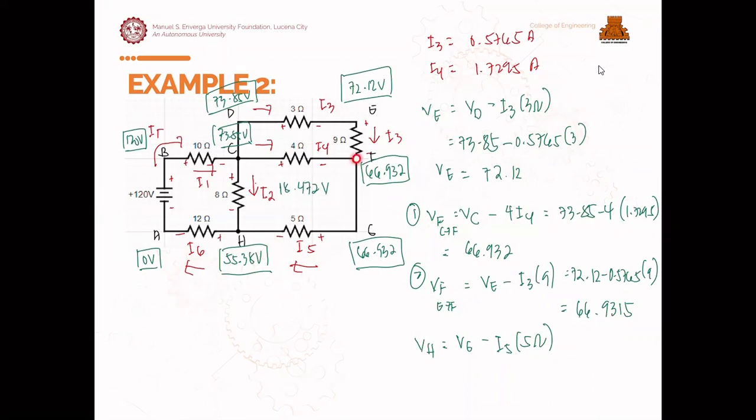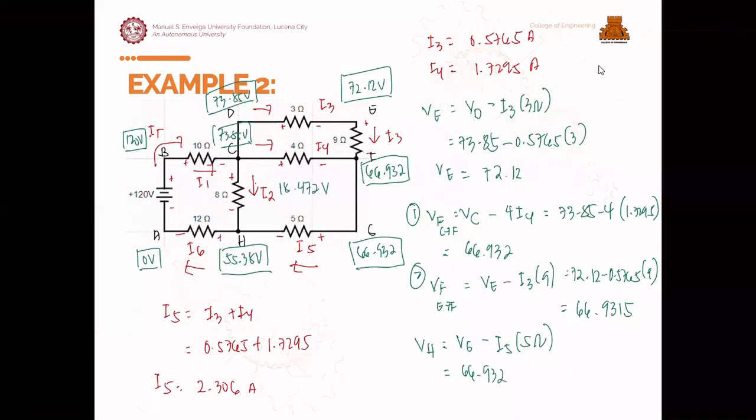Ito yung node natin. So, papasok si I3 tsaka si I4. So, ibig sabihin, I5 is equal sa I3 plus I4. Okay. So, 0.5765 plus 1.7295, 2.306 amperes. No?